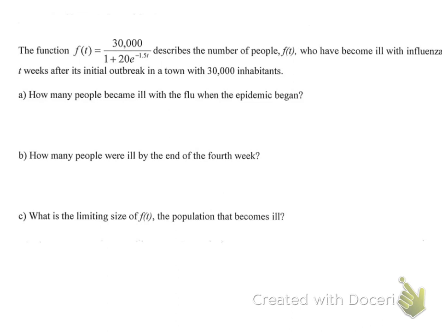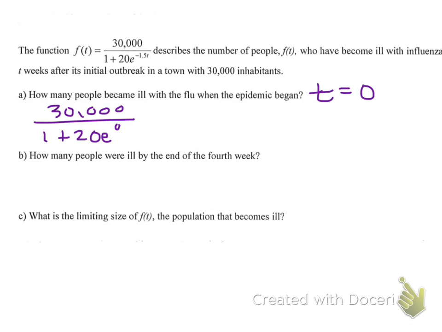When the epidemic began, no time has gone by, so t would be equal to 0. So I have 30,000 over 1 plus 20e raised to the 0 power, because negative 1.5 times 0 is equal to 0.